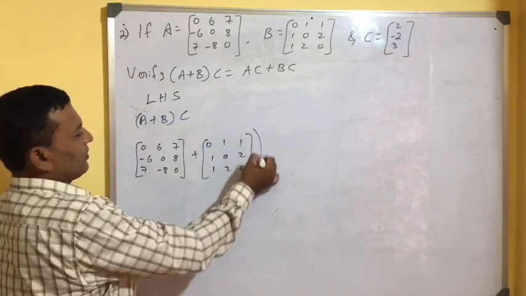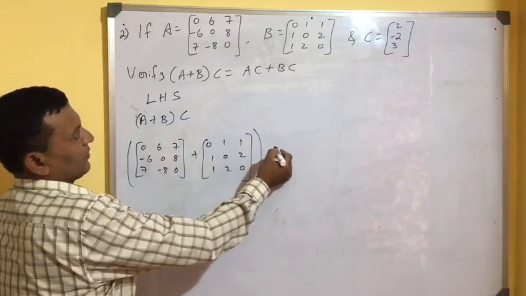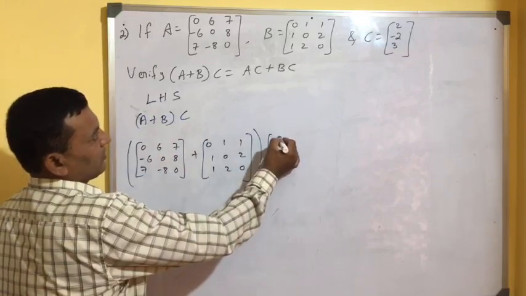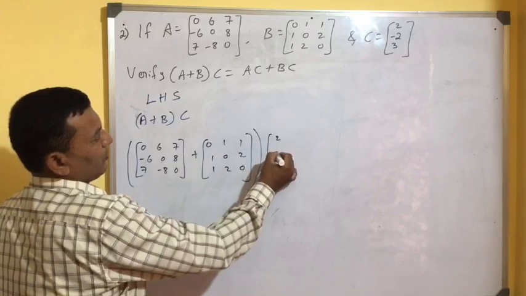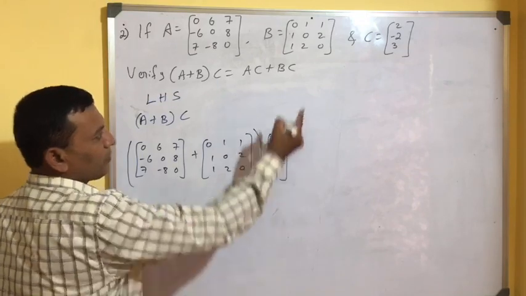We have just copied this. And C is [2; -2; 3]. This we just copied from the question.